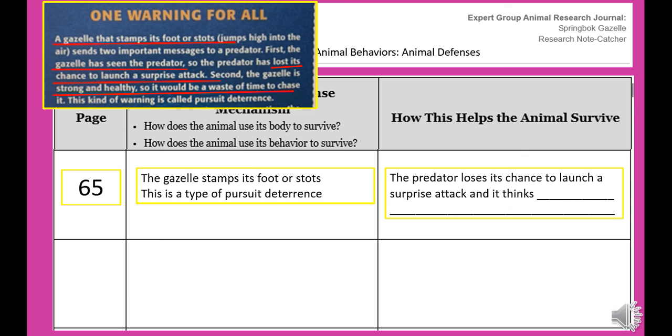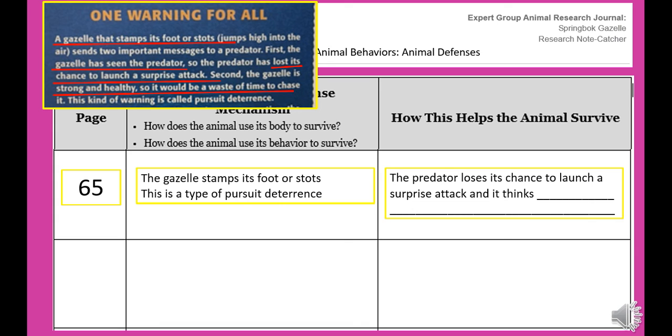Now we need to fill in the last box. How does this help the animal survive? Well, I'm going to give you a sentence starter, and you can use the information from the text to help you fill in those blanks. The predator loses its chance to launch a surprise attack, and it thinks blank. So you're looking back at the text for that second reason, the second message that the gazelle sends to the predator.